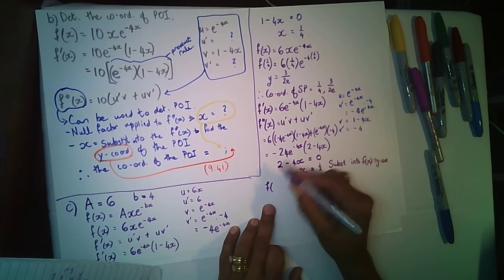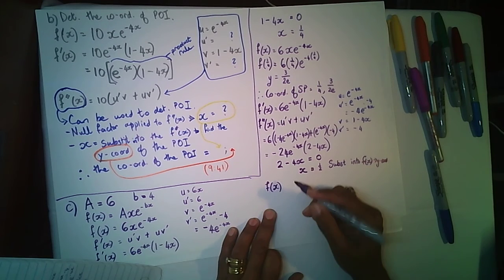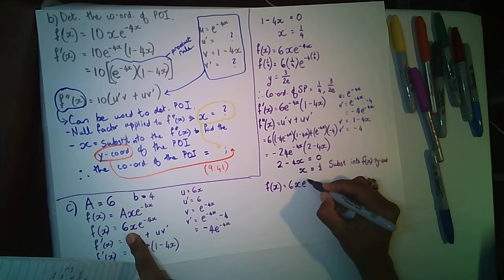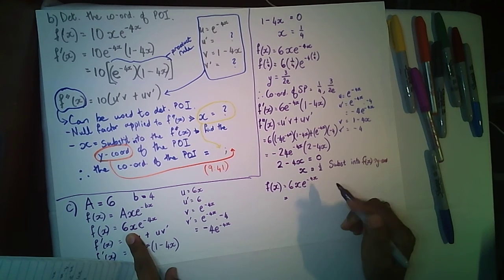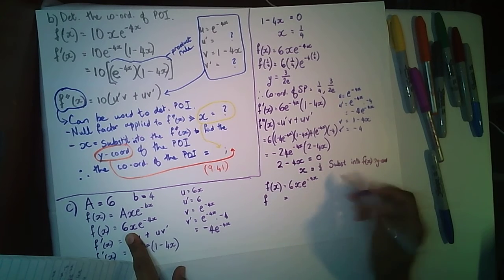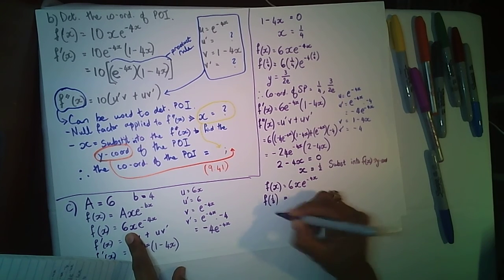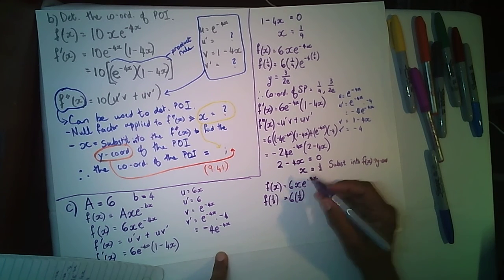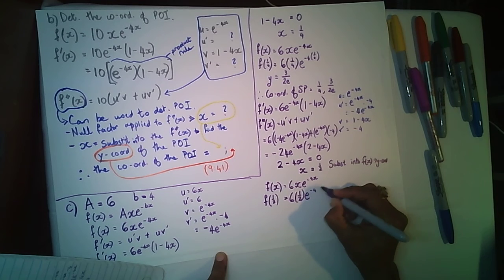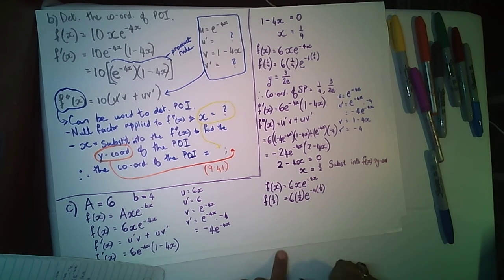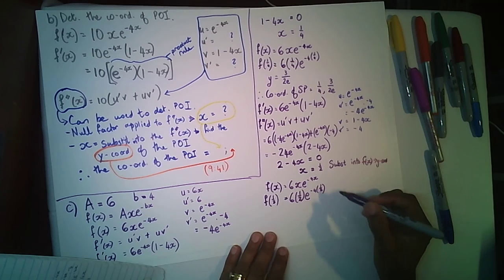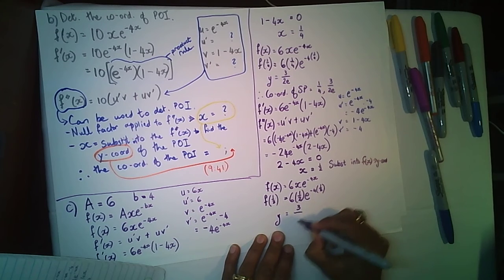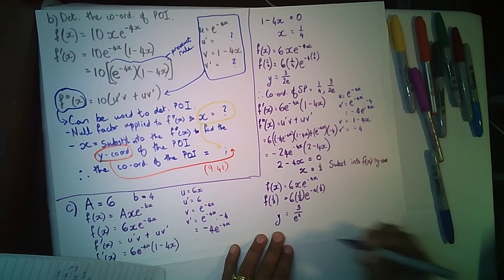I take my original function, which seems like a long distance away, which was over there, and my original function was 6x e to the power negative 4x. And I'm able to say, I now have an x value of a half. And I'm going to say that is going to get multiplied out. And when the whole situation's been punched into the calculator, you end up with a y value, which is 3 over e squared.